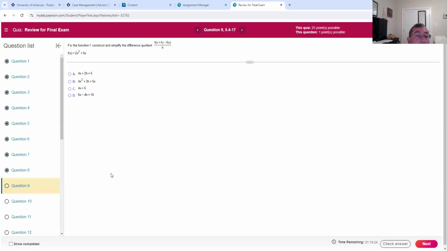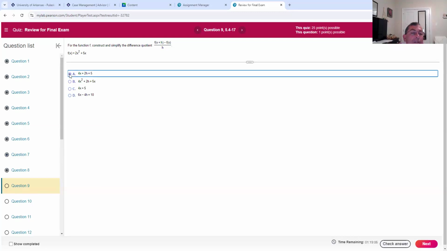And y'all, I'm gonna tell you this. No matter what they give you in place of the 2x squared and in place of the 5x, it's going to be the same pattern as mine. And I had what, a 4x, 2h plus 5. Okay.